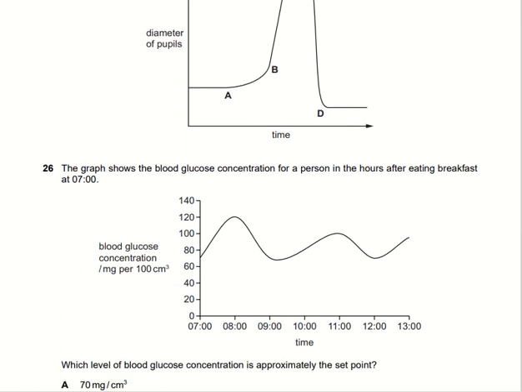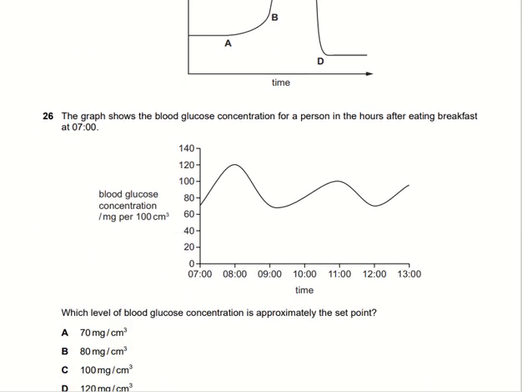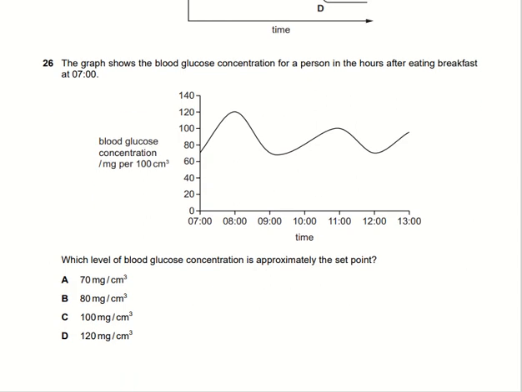The graph shows the blood glucose concentration of a person in the hours after eating breakfast at 7 a.m. Which level of glucose concentration is approximately the set point? The graph is between 60 and 80 milligram per centimeter cube. So we have to find out whether it is 80, 100 or 120. What is the accurate one?